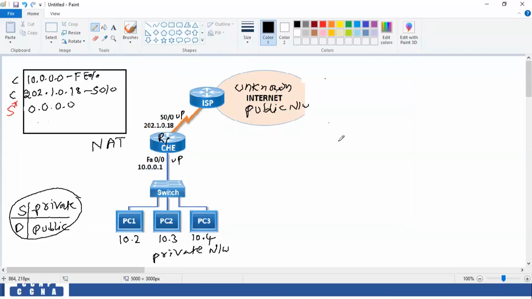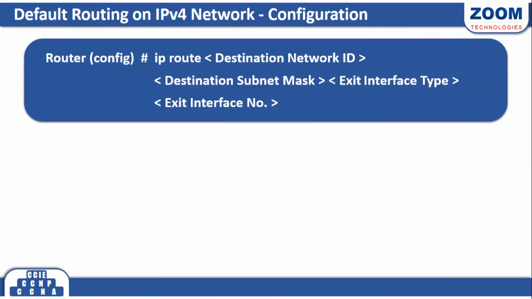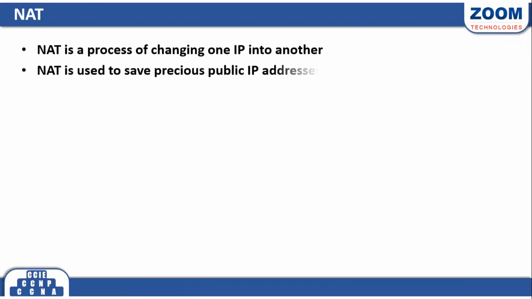So for LAN users to reach the internet, what are the mandatory configurations? Default routing and NAT. NAT, network address translation, is a process of changing one IP into another. It is used to save precious public IP addresses.